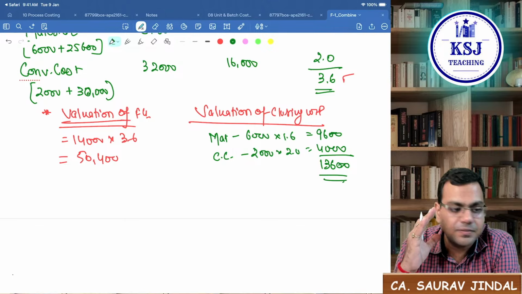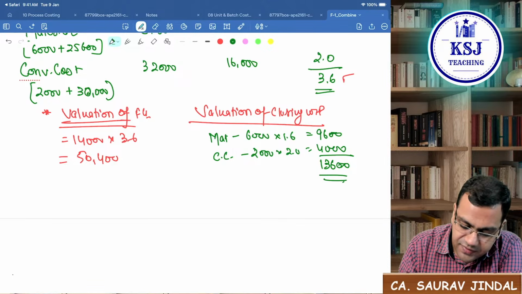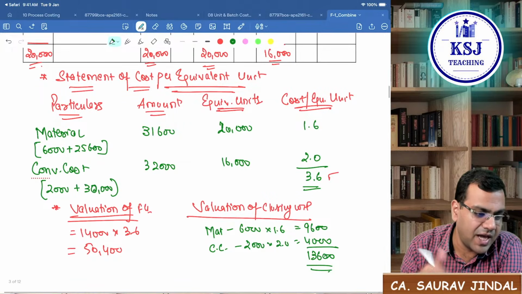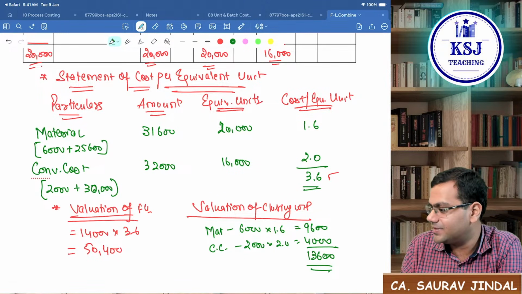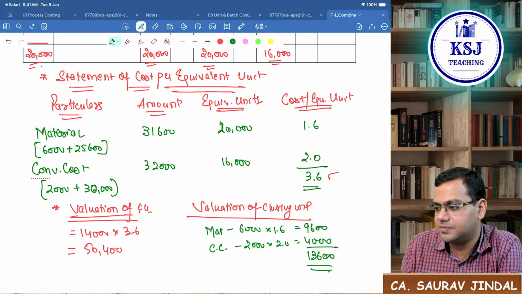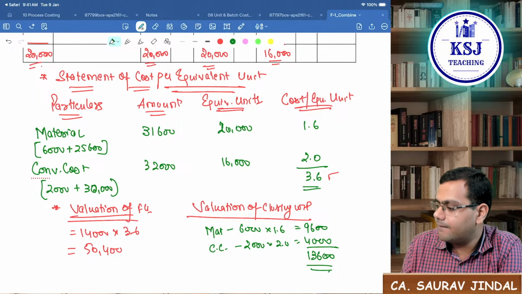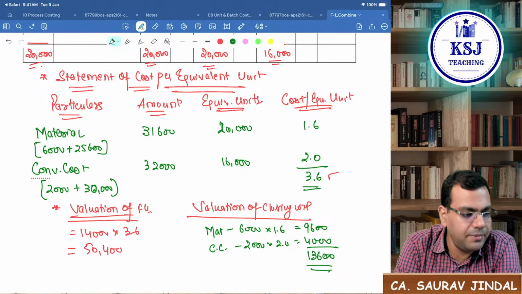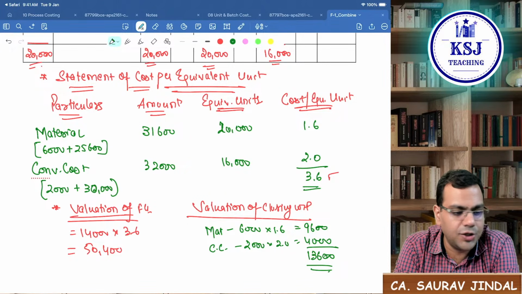Is this clear? Weighted average method. So this weighted average method is comparatively easier, isn't it? So it is slightly easier. Yes, please let me know if the weighted average method is clear to you.